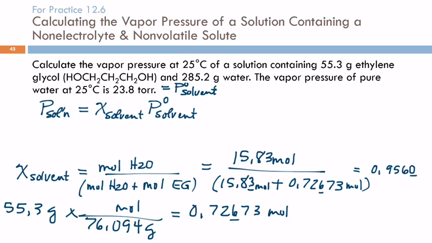Sorry, I had a brain fart. So chi solvent is 0.9560, and P0 is 23.8 torr.